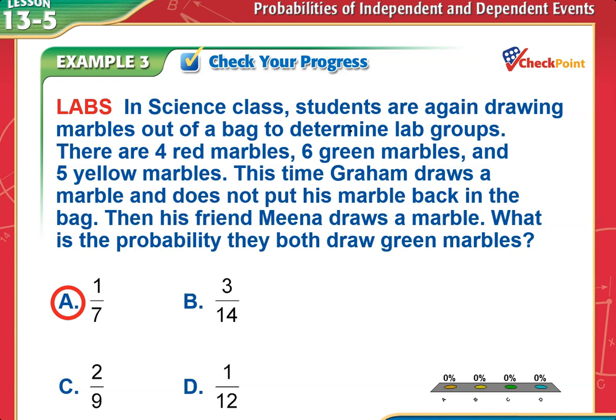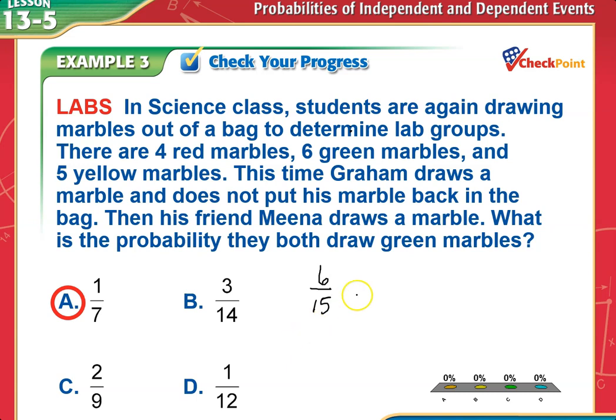So green marble, you're going to have 6 out of the total. And how many marbles are there? There are 15. So the chance you actually pick a green marble the first time is 6/15.